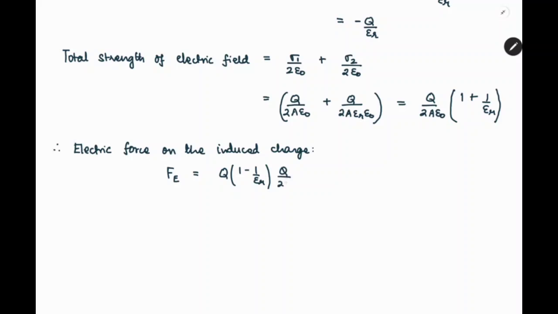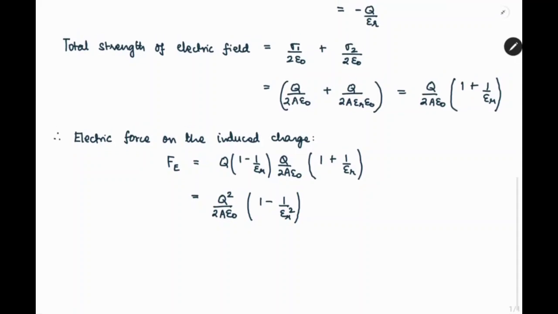So Q upon 2A epsilon naught (1 + 1/epsilon_r), and this is going to look like Q square by 2A epsilon naught (1 - 1/epsilon_r) squared. So over here we say that this is the force on the induced charge.